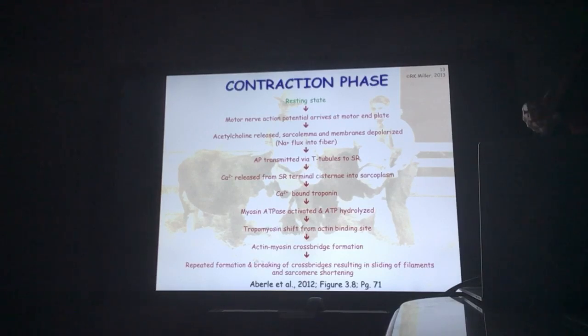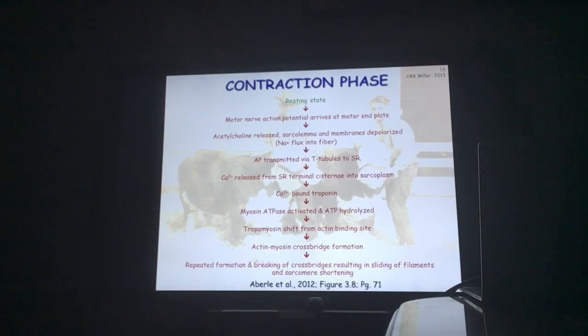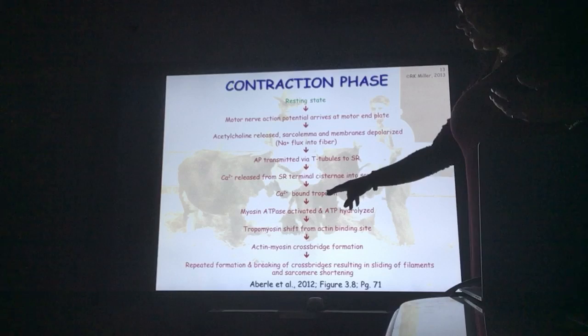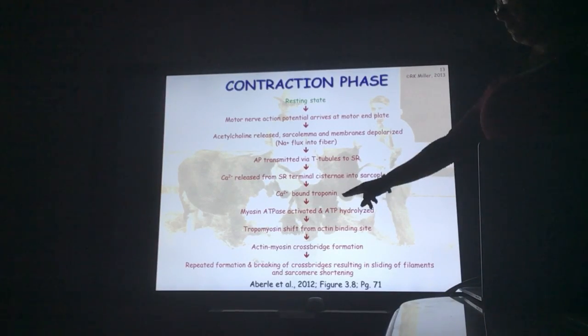The action potential is transferred just the way it was for the axon, to the sarcoplasmic reticulum, and that action potential causes the release of calcium. Remember, higher concentration of calcium in the terminal cisternae. Calcium's released into the sarcoplasm, and then the excess calcium above 10 to the minus 7 is bound to troponin.